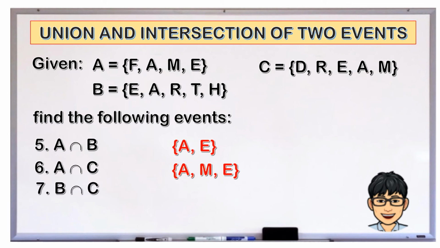Number 7, B intersection C. So, ano naman ang mga common elements ng event B at ng event C. So dito makikita natin na ang kanilang common elements ay A, E, and R. So therefore, B intersection C equals E, A, R. Next, number 8, A intersection B intersection C. So hahanapin natin ang common elements ng tatlong event.